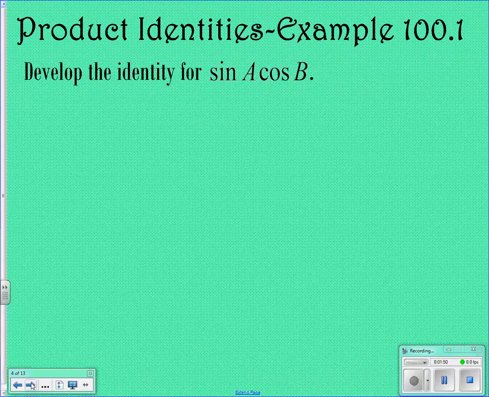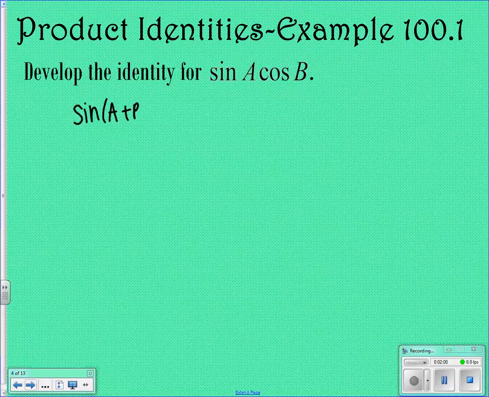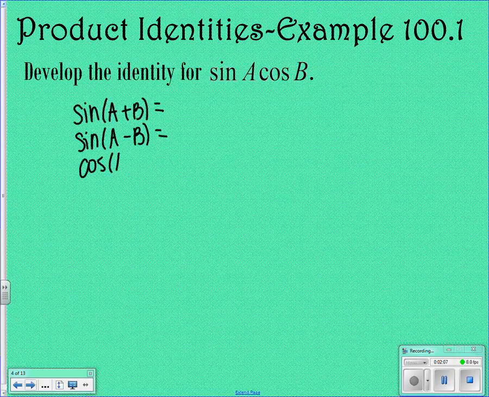So we want to develop the identity for the sine of A times the cosine of B. And so what we are going to use on these is the sine of A plus B, the sine of A minus B, the cosine of A plus B, the cosine of A minus B. On these examples, we're going to be using those identities that we looked at a couple of weeks ago.